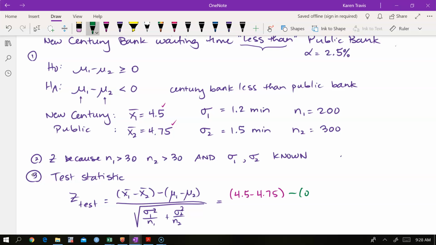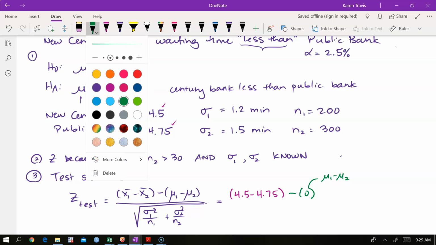We're going to use 0 because mu1 minus mu2 has 0 in the hypothesis. Notice both of those have to be the same value or it doesn't make sense.